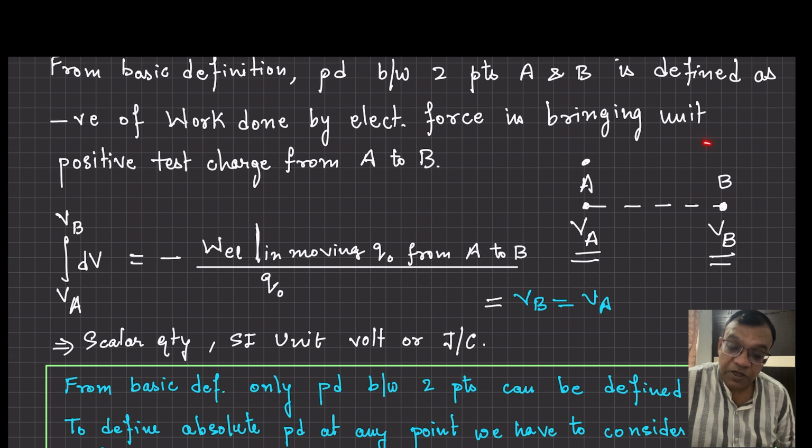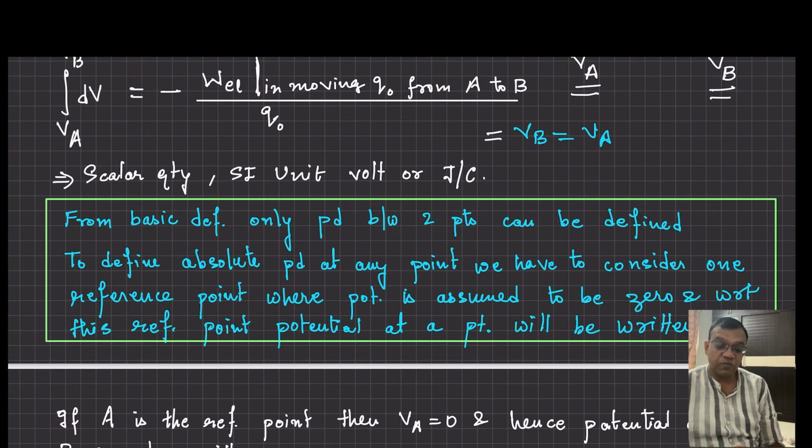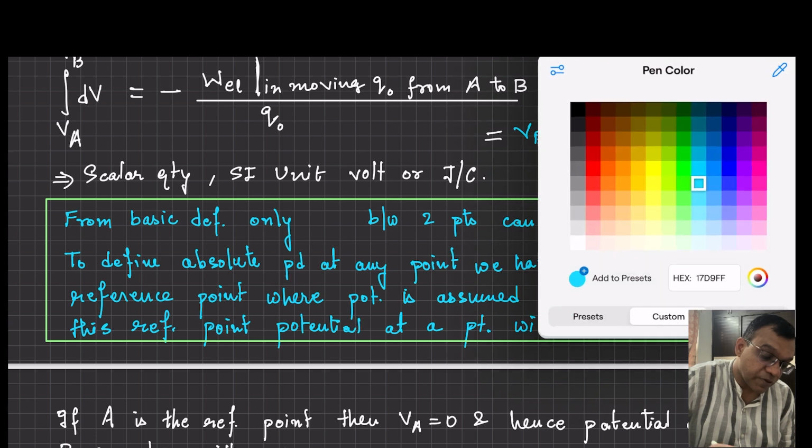Say this point is the reference point, and at this point you will assume the potential to be 0. Then with respect to this point, you can define the potential at A or B or any other point. So to define the absolute potential at any point, it is not the potential difference, it is potential.